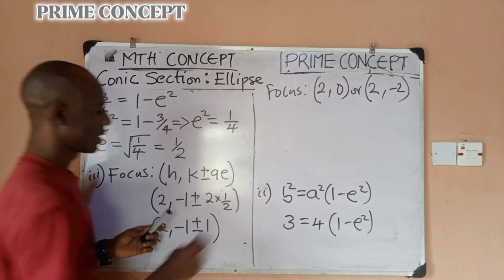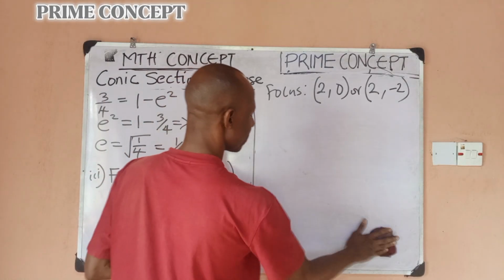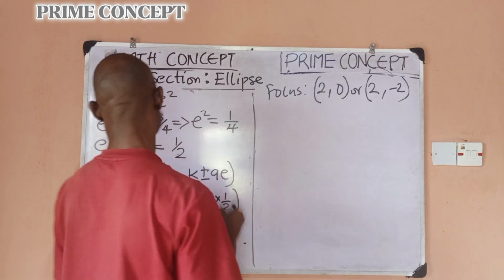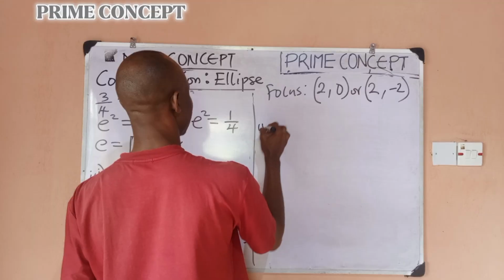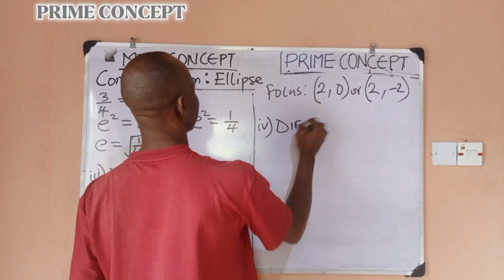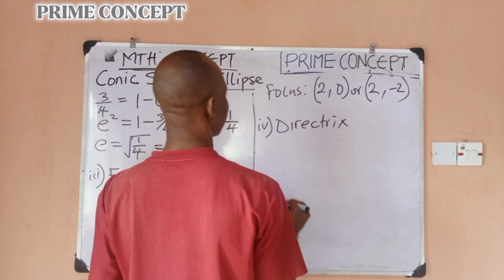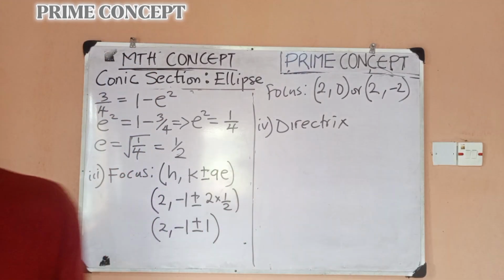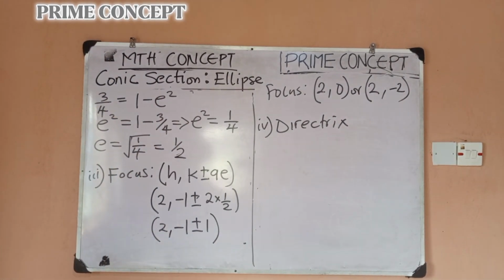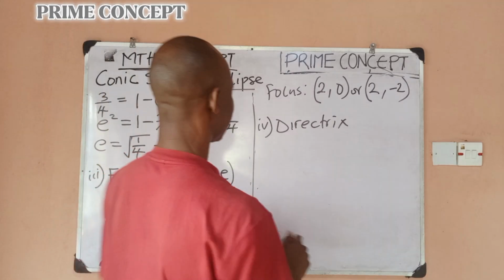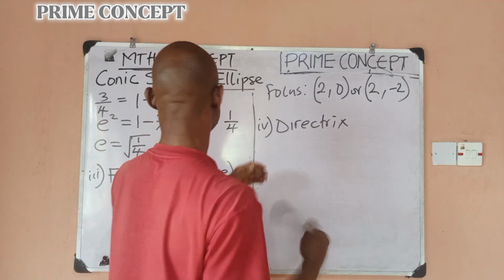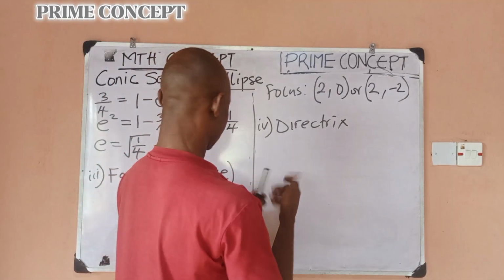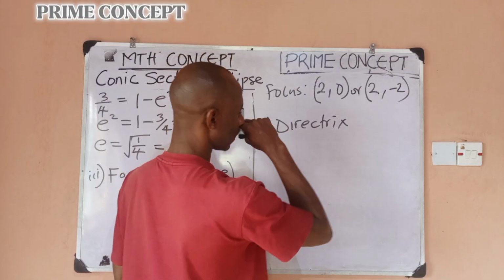Now, what's the last thing they want us to get? The directrix. The directrix is something like the axis, so the directrix is also going to shift.